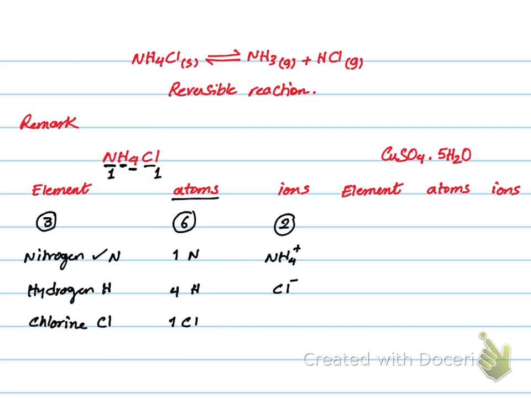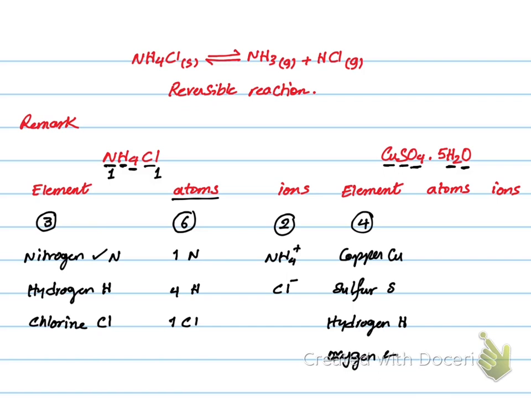In hydrated copper(II) sulfate, there are 4 elements: copper Cu, sulfur S, hydrogen H, and oxygen O. So there are 4 different elements in hydrated copper(II) sulfate.